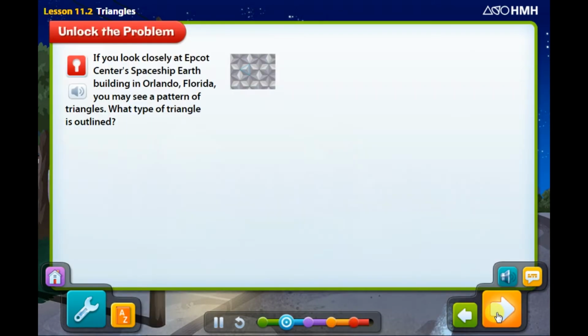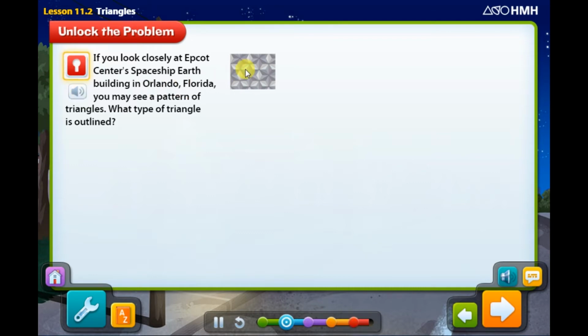Let's see how you can classify triangles based on the lengths of their sides and measures of their angles. Okay. Let's unlock the problem. If you look closely at Epcot Center's Spaceship Earth building in Orlando, Florida, you may see a pattern of triangles.